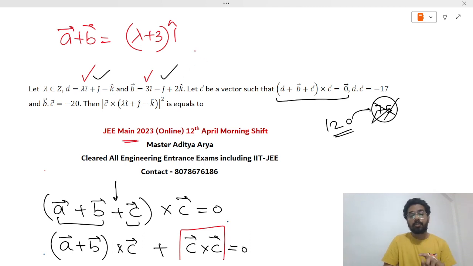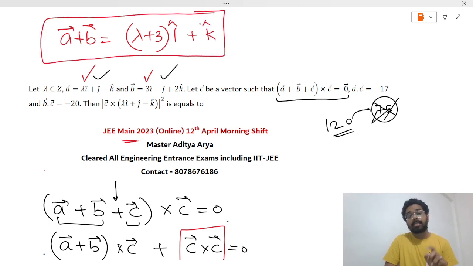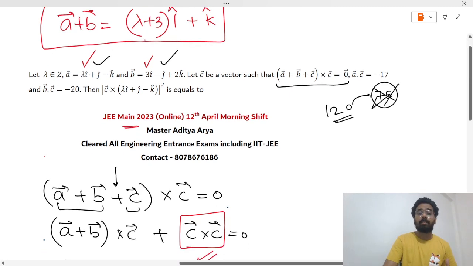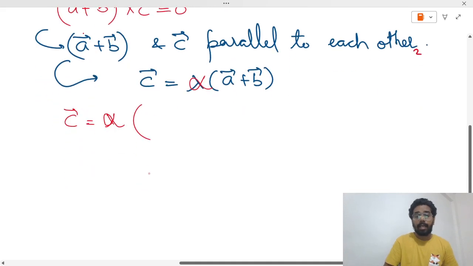Minus k plus 2k is 1k. I hope concept number 4 is very clear to you. When we add two vectors, the components of the same direction get added, like i with i, j with j, k with k. This is your A plus B, which I am going to substitute in the given problem. So (lambda plus 3) i cap plus k cap.